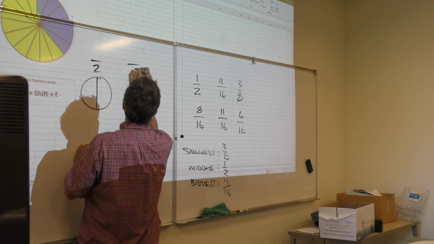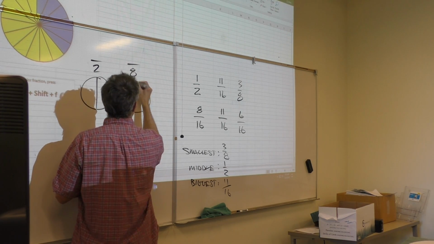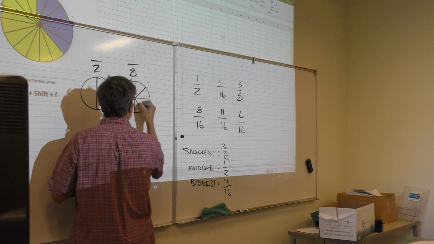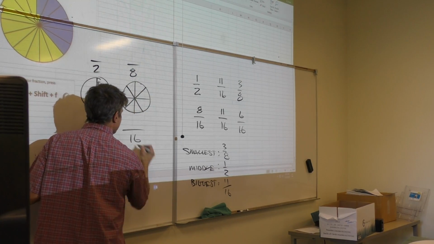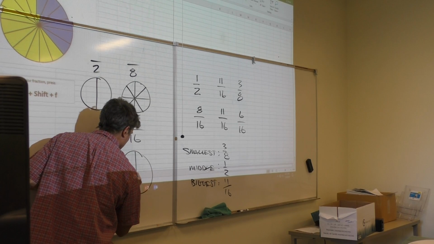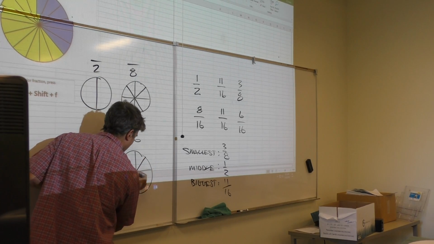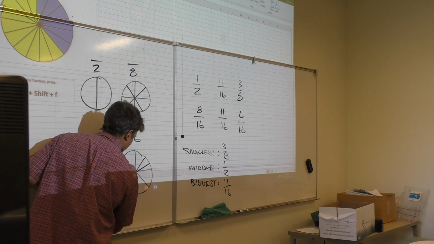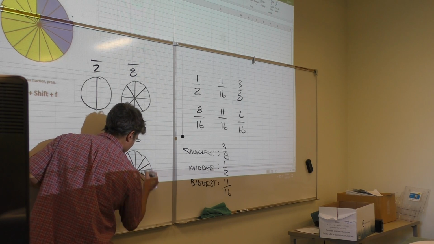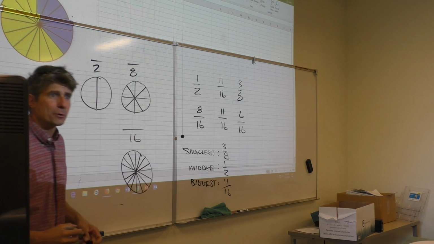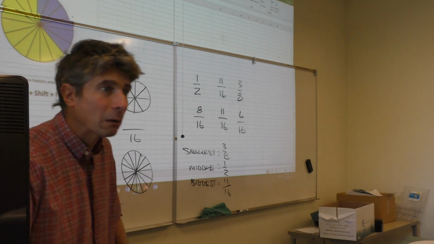If you are breaking something into 8 pieces, it looks like this. And into 16 pieces, it looks like this, if I can draw it correctly. It gets hard to draw more than that, so please don't ask me to draw like 30 or anything like that. It gets ridiculous.